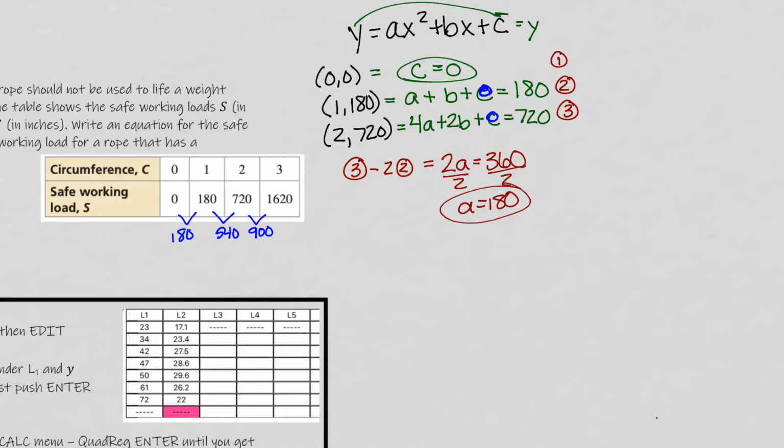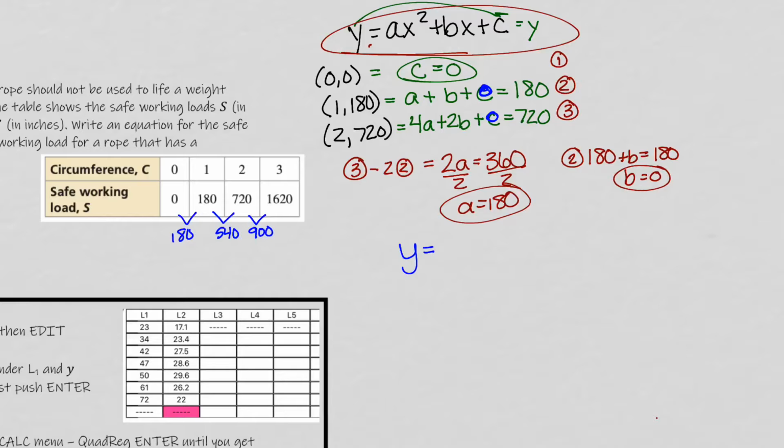Okay, so if I'm doing equation 2 here, and I have a is 180 plus b, c is 0, so it's gone, equals 180. So I actually end up with b is 0 as well. So if I plug them into my standard form, I end up with y equals a, which we said was 180, times x squared, plus b, which is 0 times x, which is 0, plus c, which is 0.